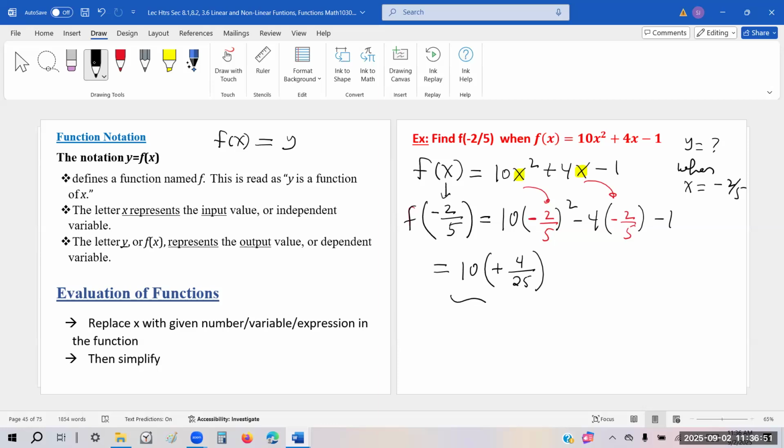And then we can do multiplication here. You can do 40/25, but you can also do a shortcut. You can cancel the 25 and 10. By what number can you divide both 10 and 25? 5. So 5 goes into 10 how many times? Twice. 5 goes into 25 how many times? 5. So if you divide, your life becomes easier.